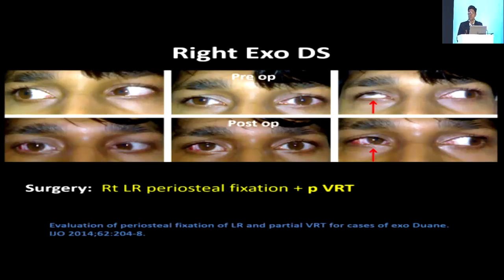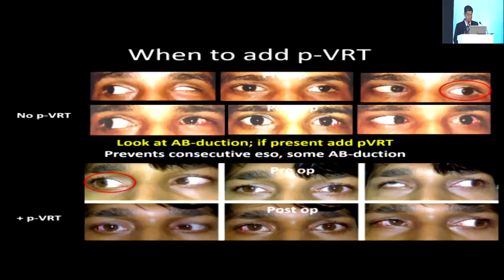Among the reasons was that there was some amount of normal lateral rectus function, seen by abduction in the preoperative period. So these patients have a risk of going into a consecutive eso, and for them, either in the same intraop in the first stage or a subsequent stage, you may need to do something for the consecutive eso that can develop.